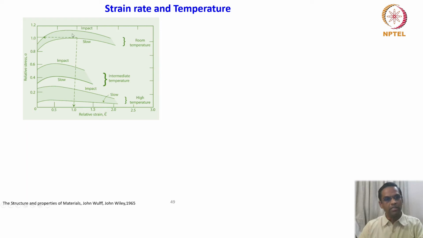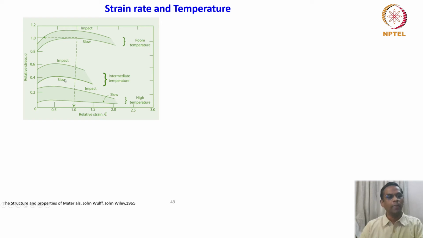But what you see here is that at room temperature, the difference between slow and impact load is quite different from other temperatures. You see that the difference between the normal strain rate and the high strain rate deformation is very high as compared to room temperature.